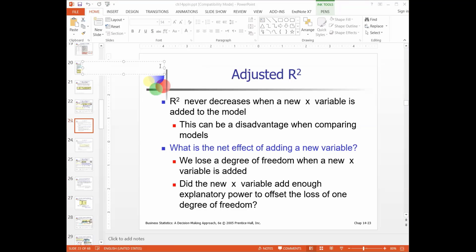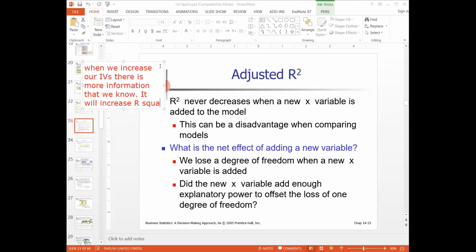When we increase our IVs, which are independent variables, there is more information that we can explain, or more information that we know. So it means it will increase R square.